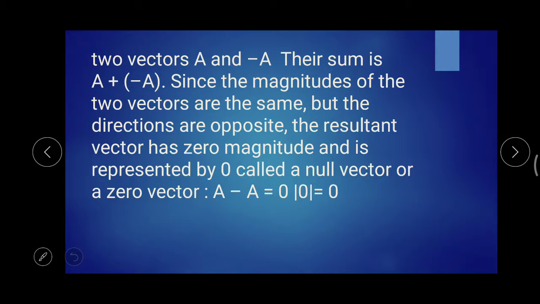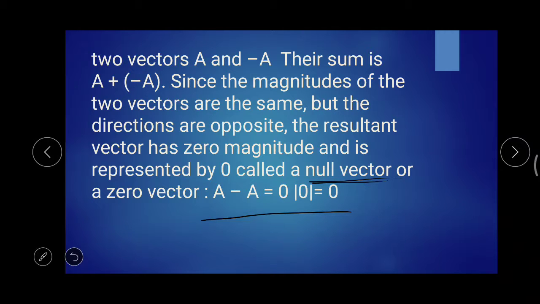So the resultant vector should always have 0 magnitude. Such vectors with 0 magnitude are known as null vectors. That means A plus minus A means A minus A, which is always 0. They are known as null vectors.